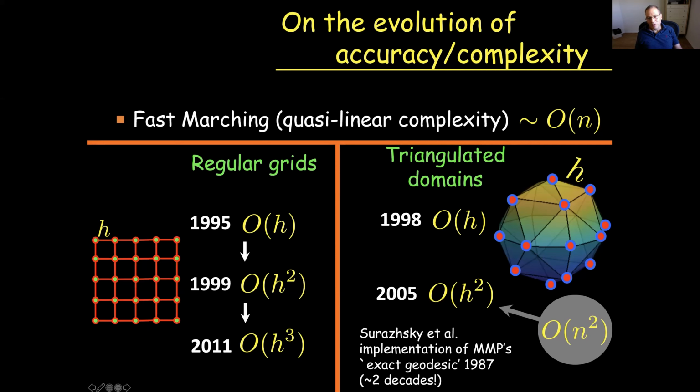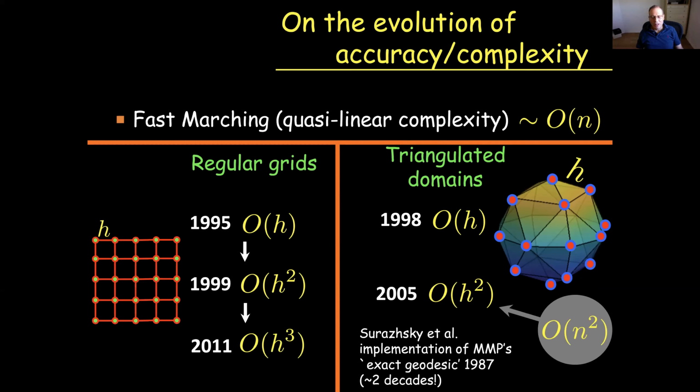We had the order of h algorithm, the first order fast marching algorithm, in '98, and only in 2005, after 20 years, the MMP, the Mitchell, Mount and Papadimitriou algorithm for computing what they called exact geodesics on manifolds was published, and Surazhsky, his wife, and some other colleagues were able to implement it. So they had an implementation which is second order, in the sense that it was exact on the polyhedron, but if you consider the smooth surface, then this is a second order algorithm.